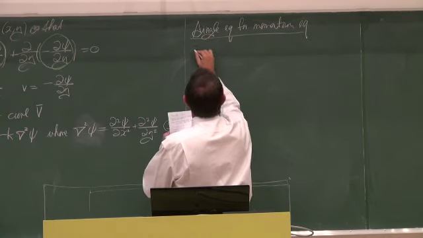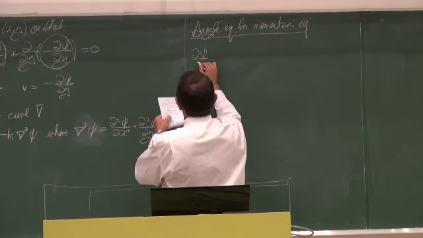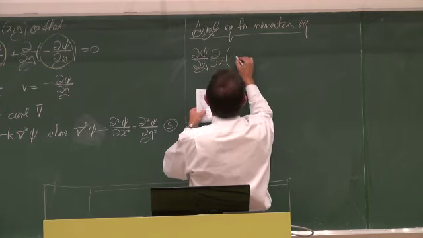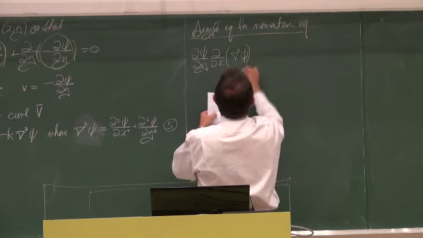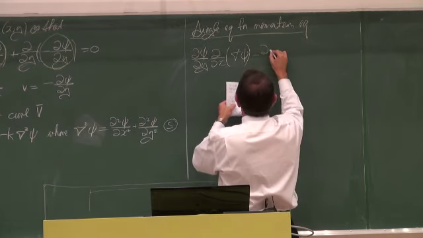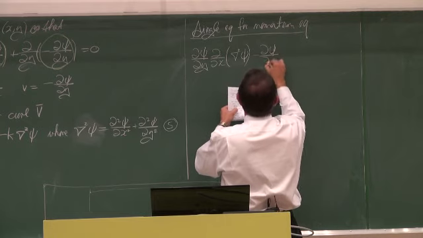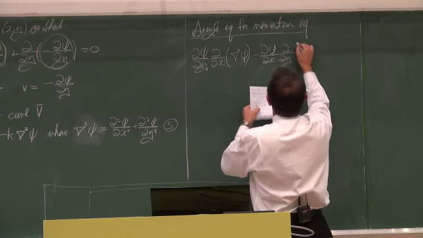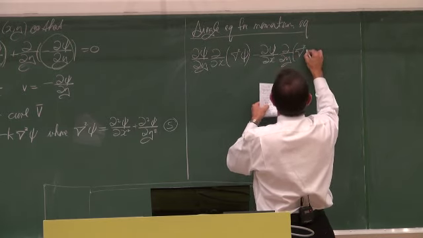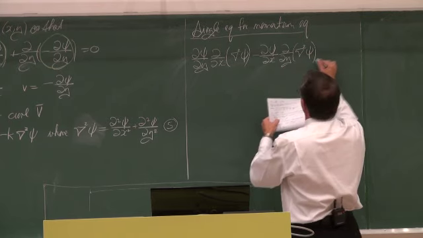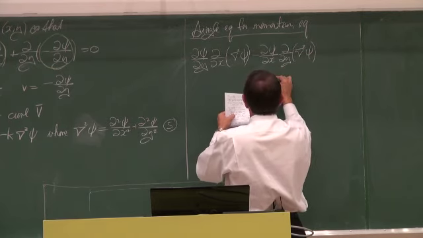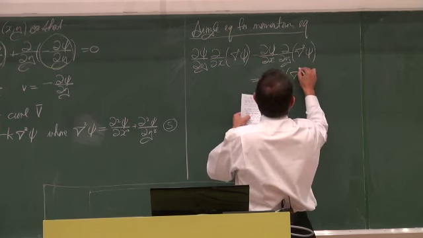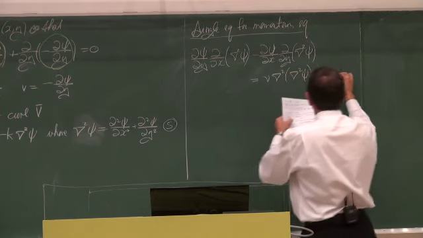This equation looks like this: partial psi dy multiplied by d/dx of the grad square of the stream function, minus partial psi dx multiplied by d/dy of the grad square of the stream function psi, and that is equal to the kinematic viscosity multiplied by grad square multiplied by grad square multiplied by the stream function.